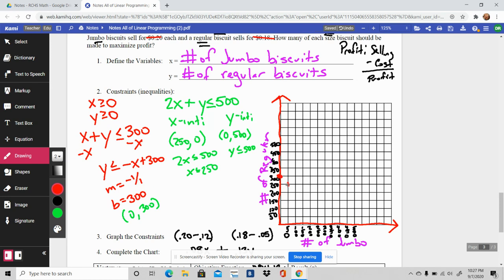So down 1 to the right 1, down 1 to the right 1, and I'll do so until I run out of room to plot any more points. All right, and then the best that you can, and that's all you can do with these, is try to be the best that you can with it. All right, I'm going to connect all of those with a solid line because it was or equal to, which means that these points right now would be included in the solution.